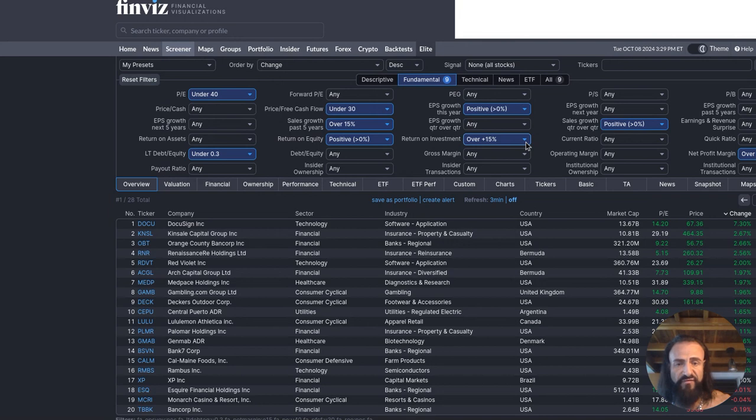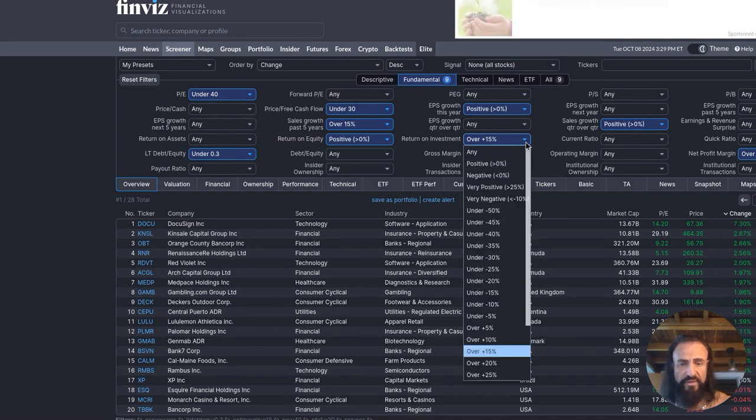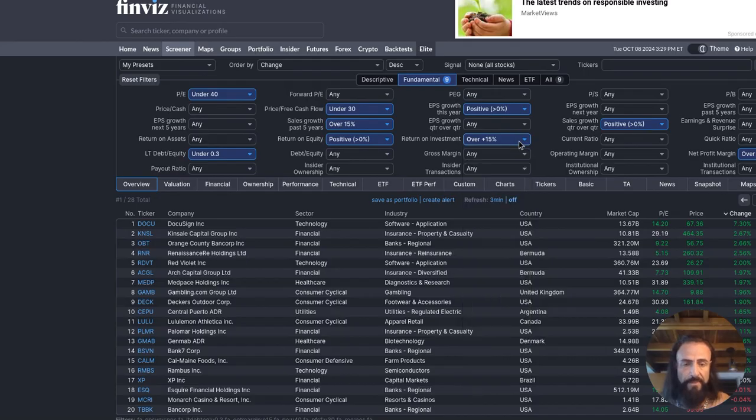Now, I believe that this is the most important indicator, which is the return on investment. If a company doesn't return at least 15% on the investment, for me, it's not worth buying it. Period. Anything that returns less than 10%, well, then I'm going to stick with the broad market ETF.